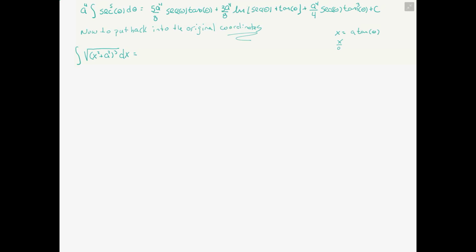So we create a right triangle and we work out x over a is tangent theta, so the hypotenuse is the square root of x squared plus a squared. And now we're ready to put into our equation the original variables.